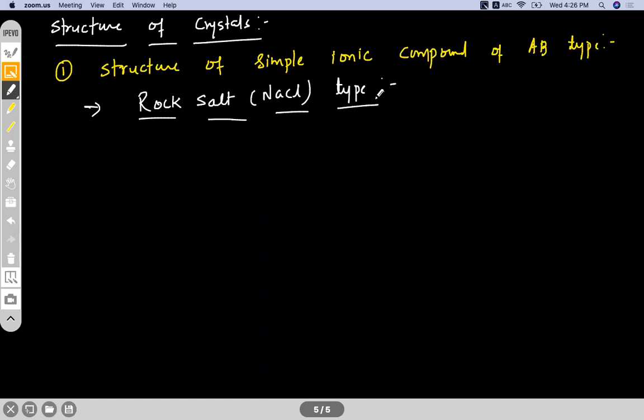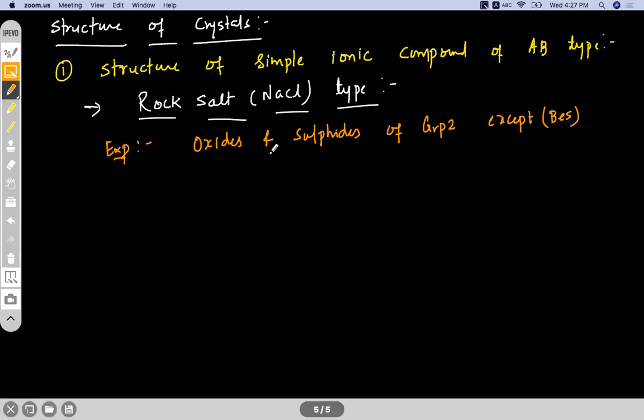Okay. Example we have for this. We can have oxides and sulfides of group 2 metals, of group 2 except BeS, right?